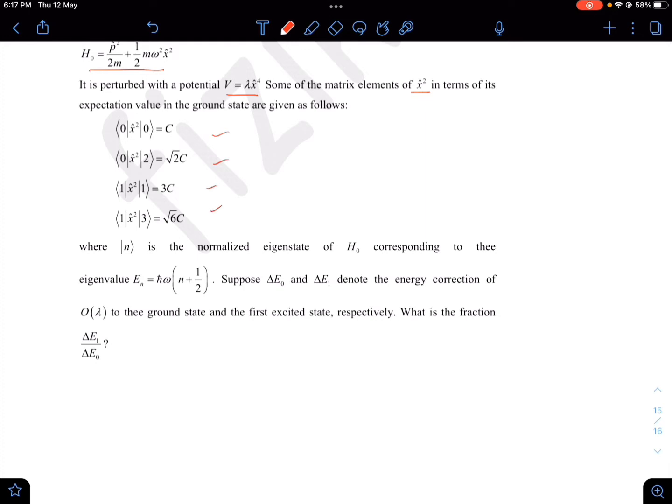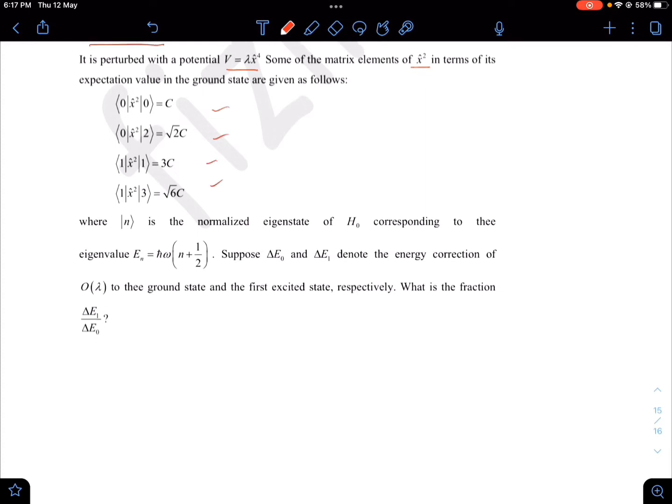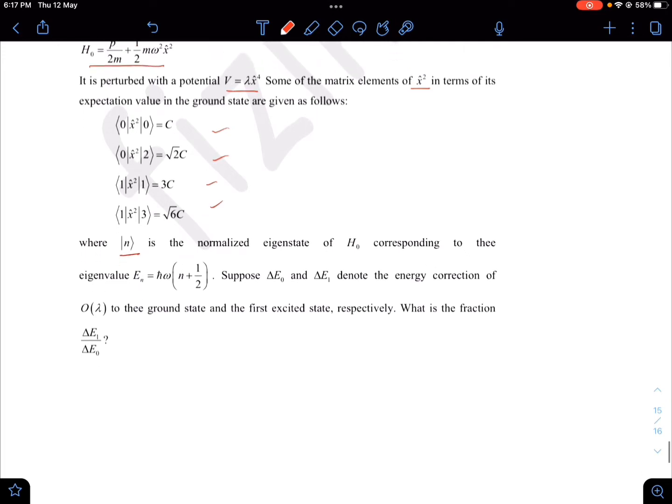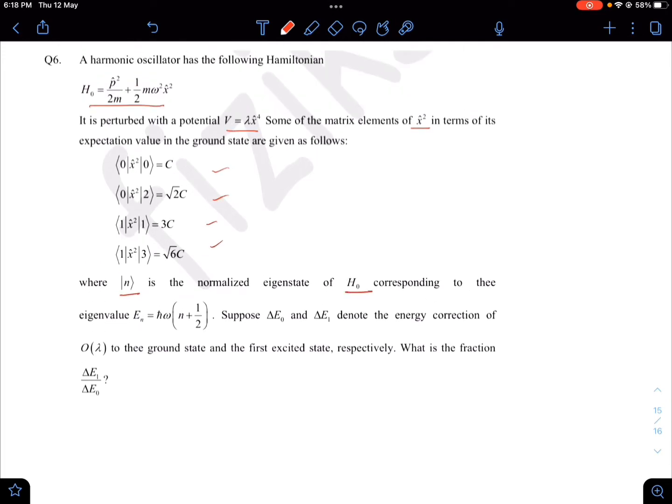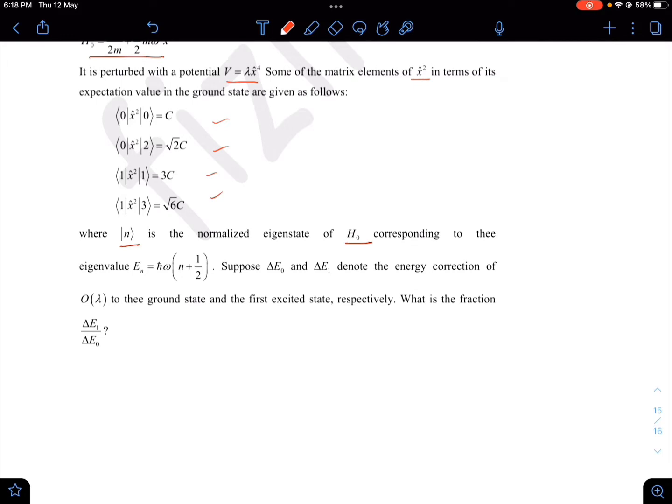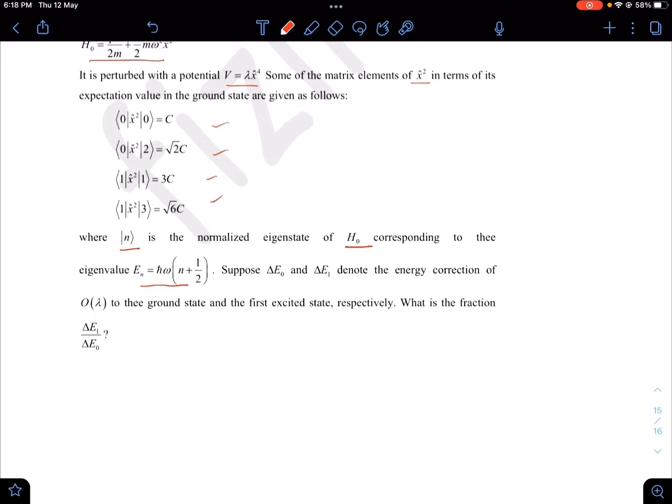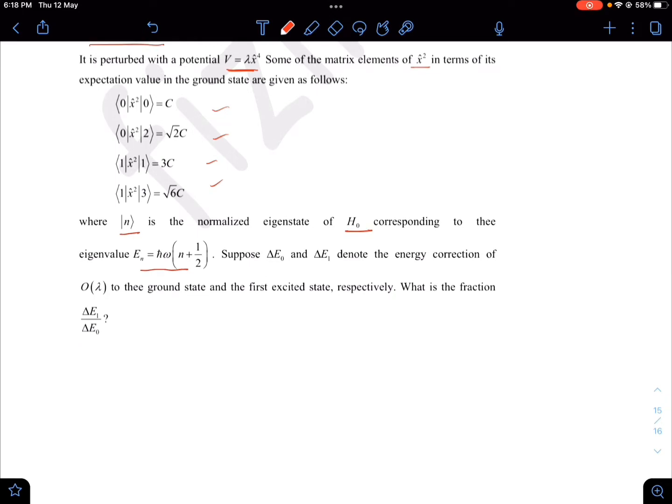So these are given, and as we know that |n> is the eigenstate of the Hamiltonian H0, which corresponds to the eigenvalue E_n. And if we apply some perturbation, then the energy eigenvalues will also be perturbed, and due to this perturbation there will be some correction term in the energy.